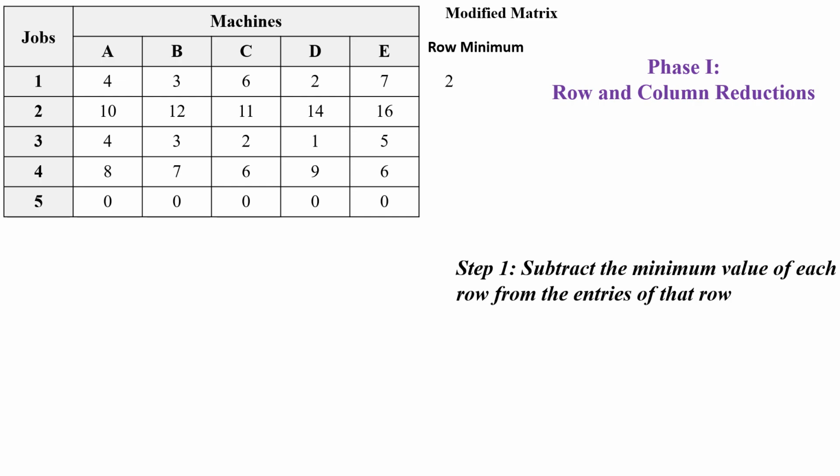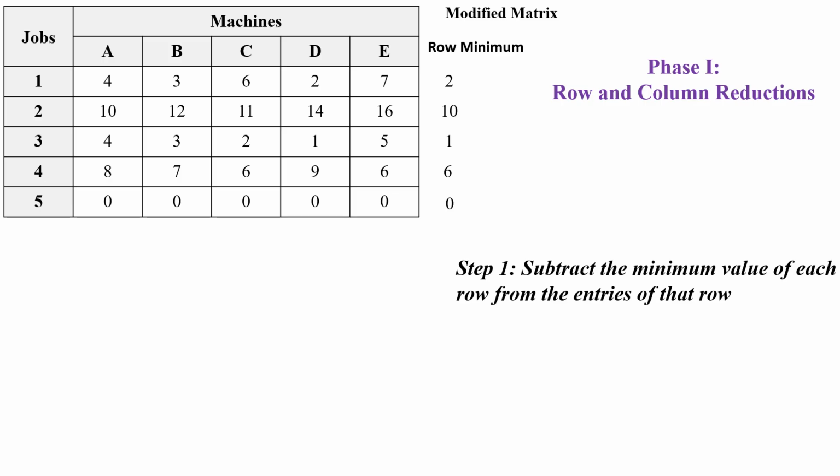In the second row, the minimum value is 10. In the third row, the minimum value is 1. In the fourth row, the minimum value is 6. Similarly, in the fifth row, the minimum value is 0. Then subtract the minimum value from all the rows.